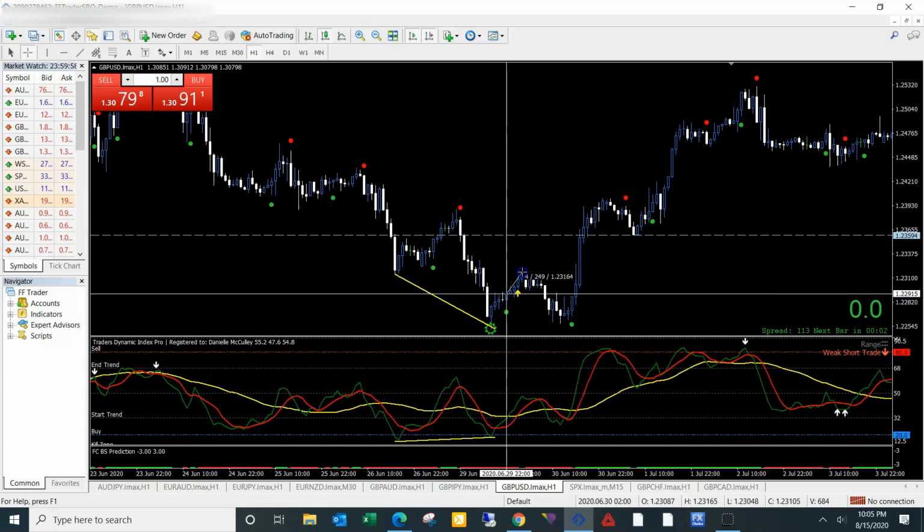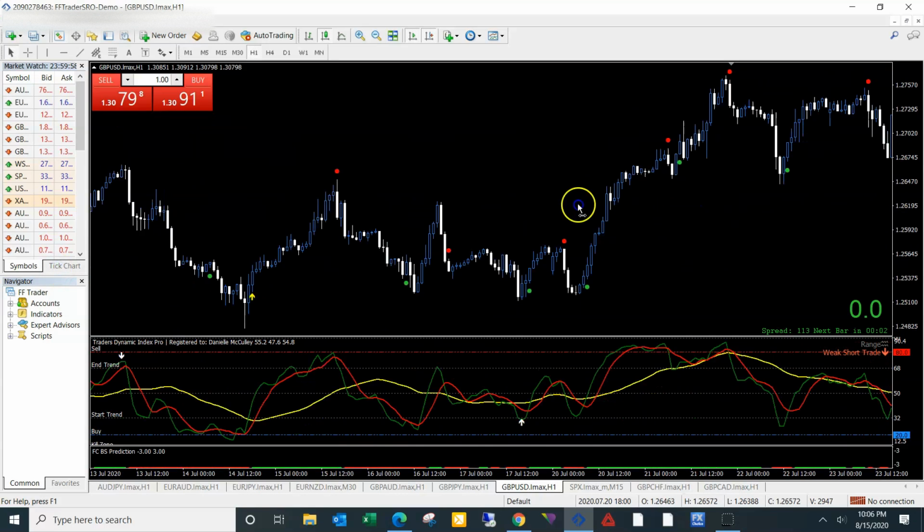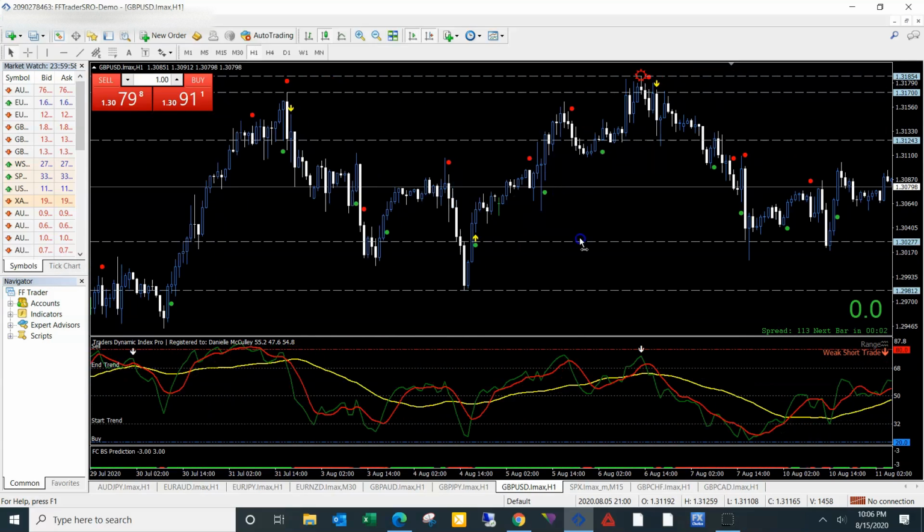So even if you entered here, it came back like 36 pips in drawdown, but then it's up and away. So the setups are good. They're legit. It just depends on how aggressive you want to be with your entries. That would be the only difference, but again, these are pretty high probability setups.